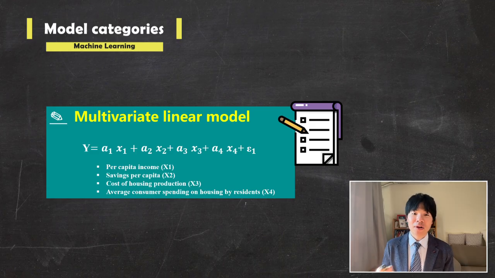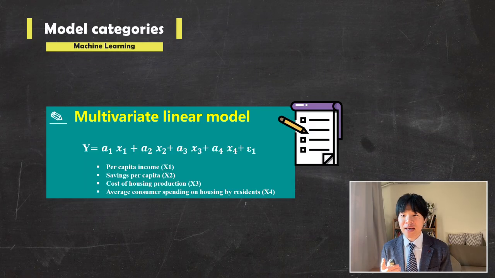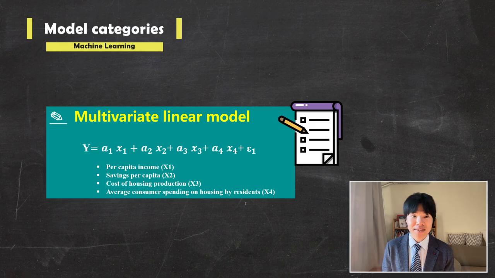Let's look at this formula. y equals a1 times x1 plus a2 times x2 plus a3 times x3 plus a4 times x4, and finally we don't forget to add a constant epsilon.